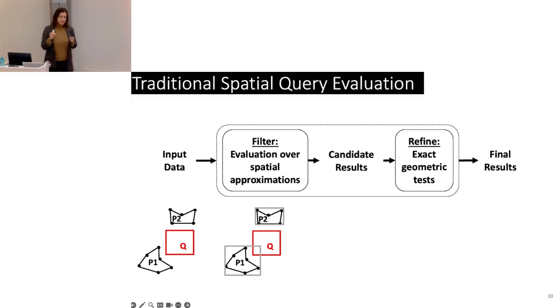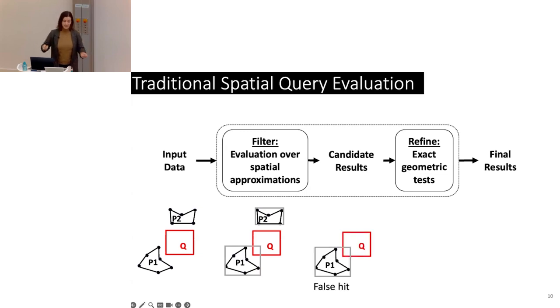So we evaluate the predicate now between these gray rectangles that approximate the polygons and the query. Here we see that we can already discard polygon 2 because the rectangle doesn't intersect with the query rectangle, but for polygon 1, we find an intersection between the rectangles. So that becomes a candidate result.